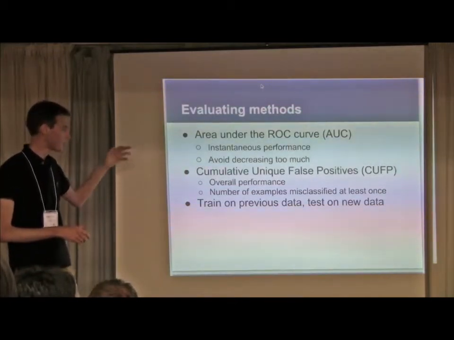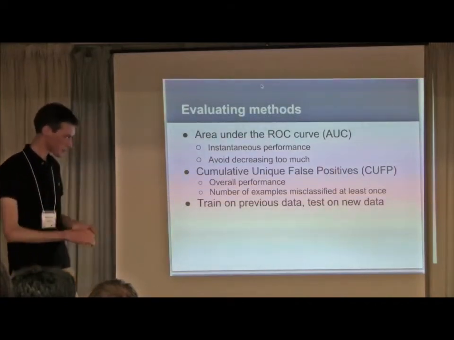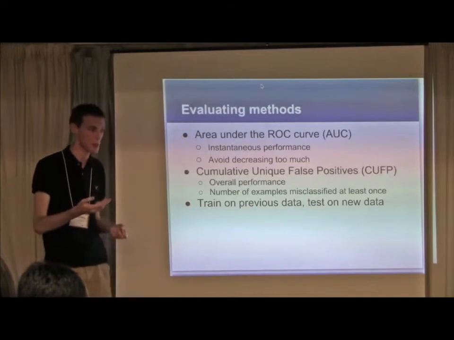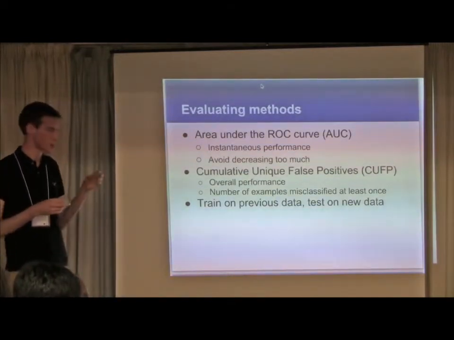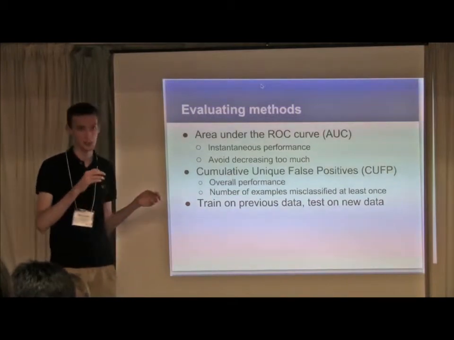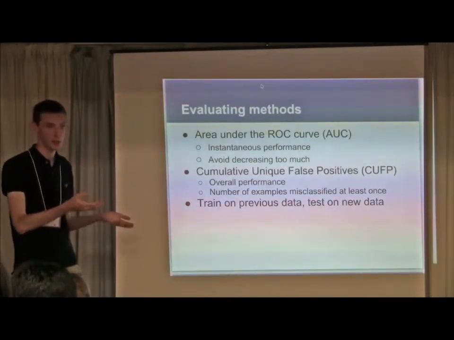But at the same time, we care about the consistency of the system. So we measured this with cumulative unique false positives. And it is false positives and not just cumulative error. He has a great analogy to trying to drill oil wells.